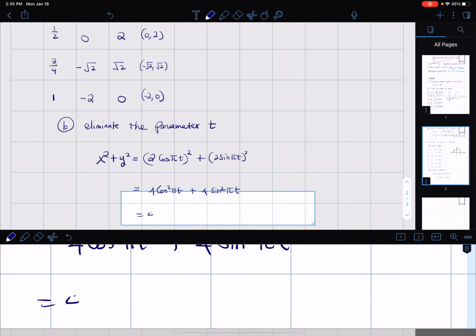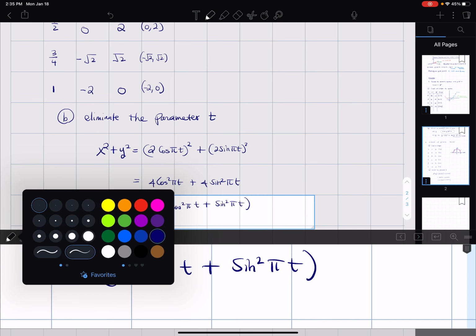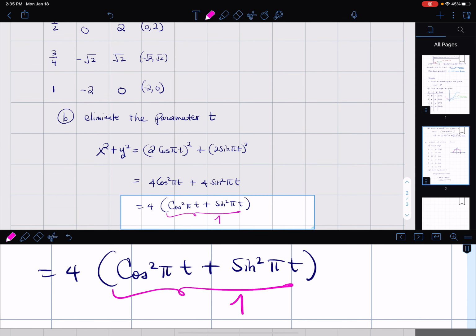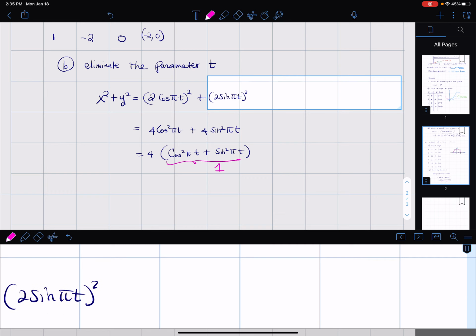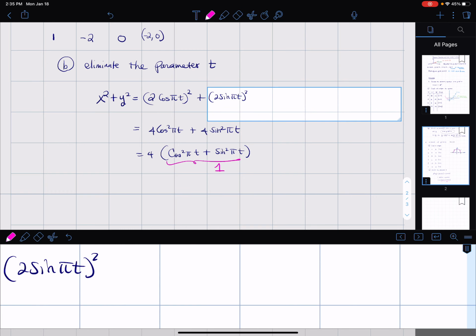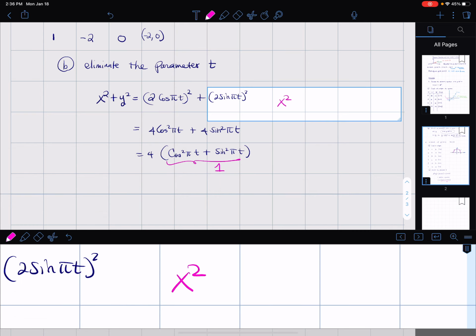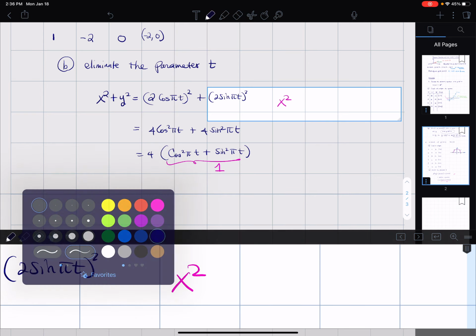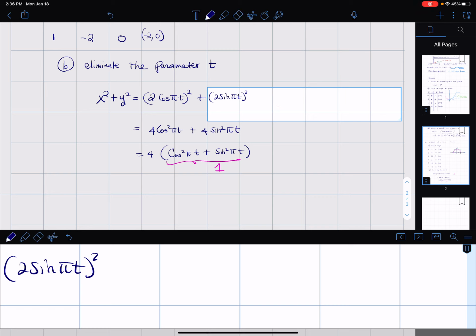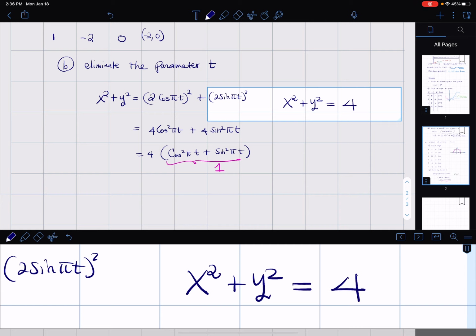If you factor out a 4, you're left with cosine squared pi t plus sine squared pi t. And this is equal to 1. So this is just 4. So the equation we end up with is x squared plus y squared is equal to 4.